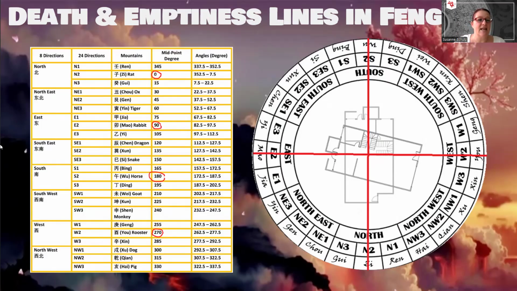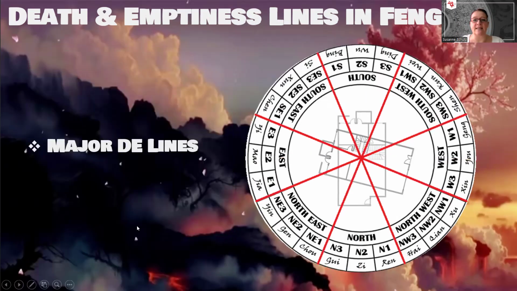All right. Now, the next one are the major death and emptiness lines. Now, the major death and emptiness lines are not nearly as worrisome as the cardinal death and emptiness lines. And they happen when the facing of a property is just between the major directions. So for example, you measure here on this line, it's just between Southwest 3 and West 1.